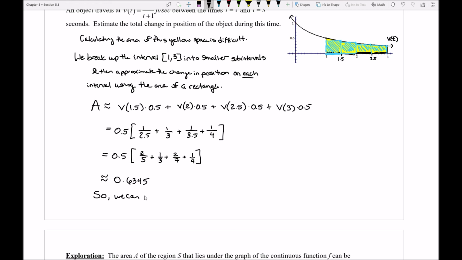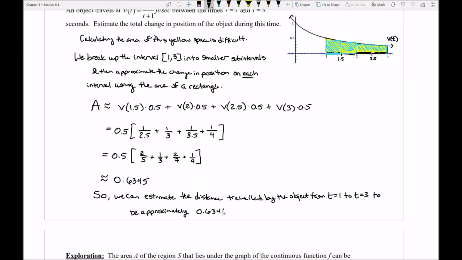I'll state that we can estimate the distance traveled by the object from t equals 1 to t equals 3 to be approximately 0.6345 feet.